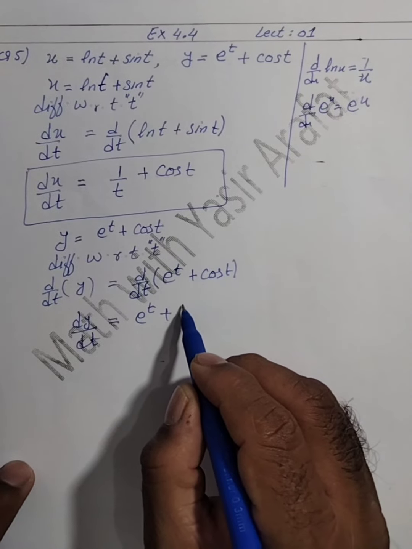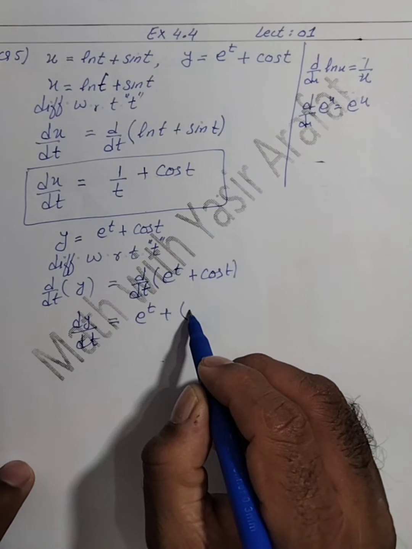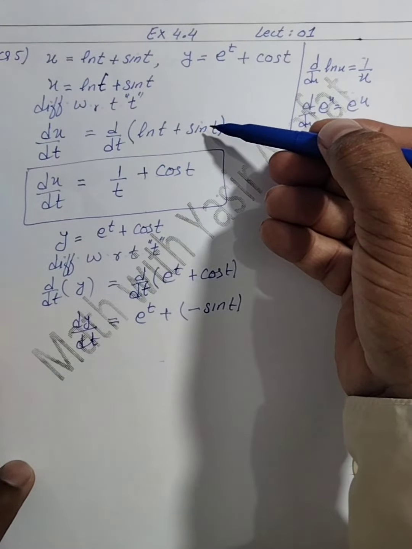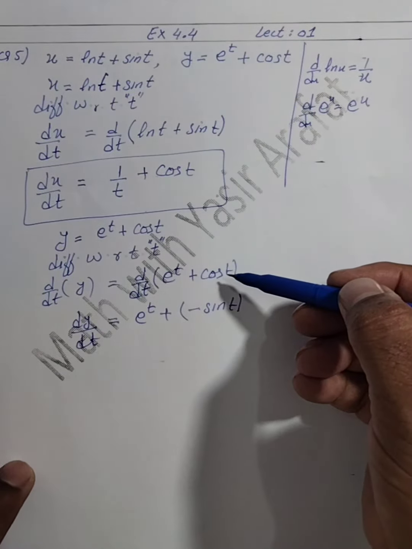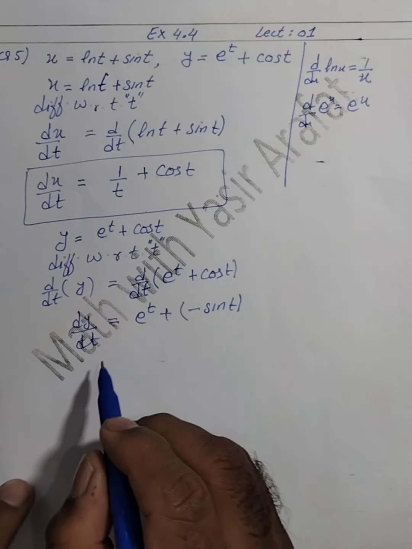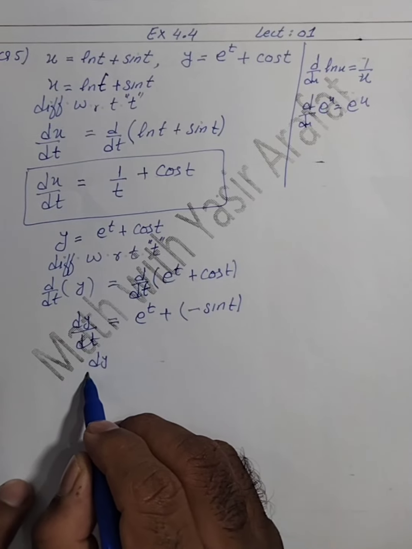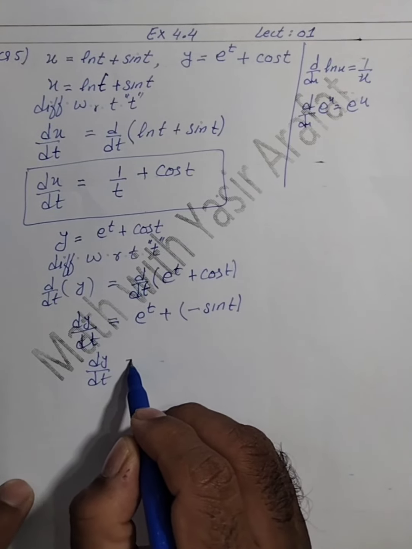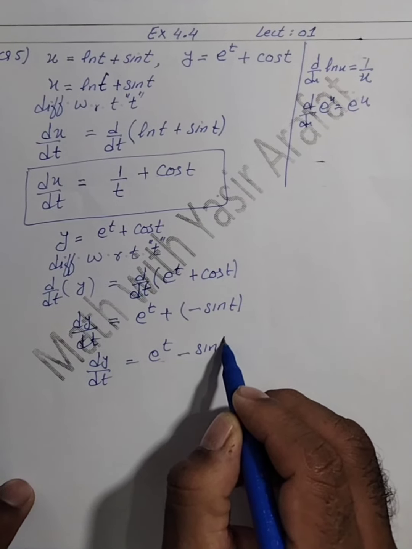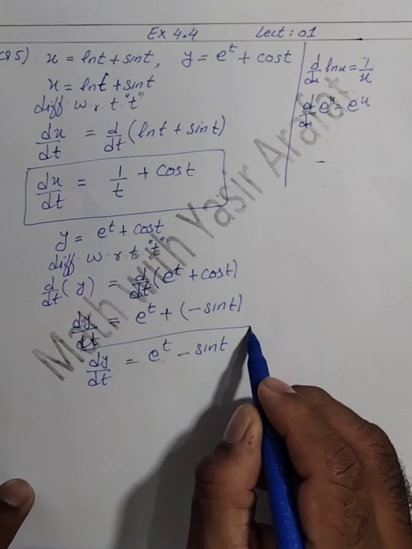So here the derivative of cos t is minus sin t. Derivative of sin t is cos t, and the derivative of cos t is minus sin t. So this is dy over dt, it is e to the t plus minus minus sin t.